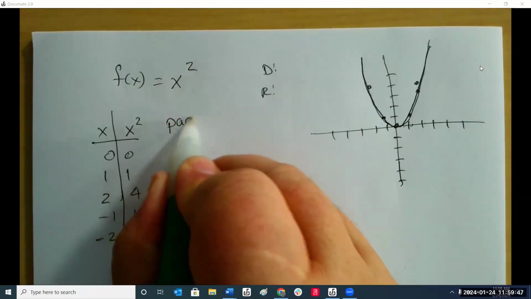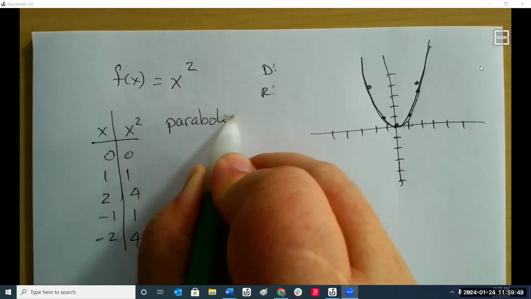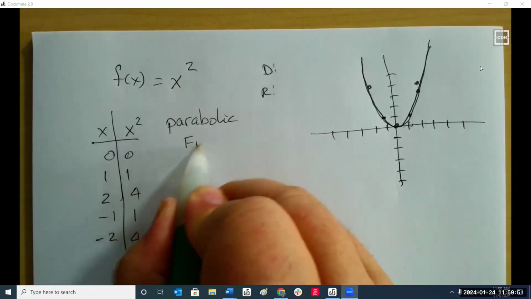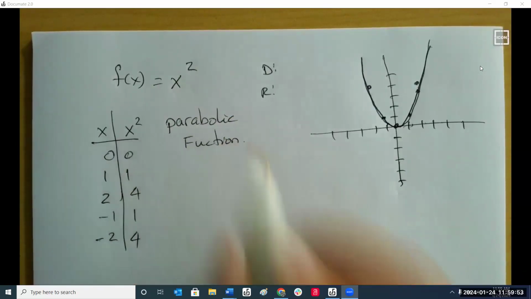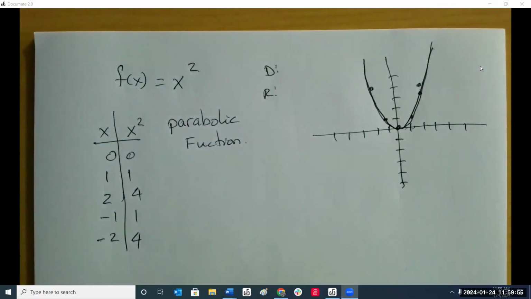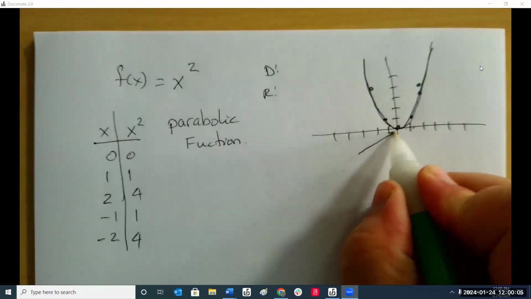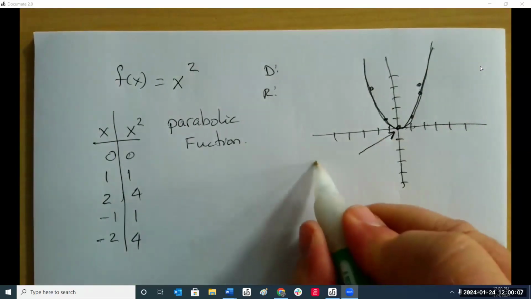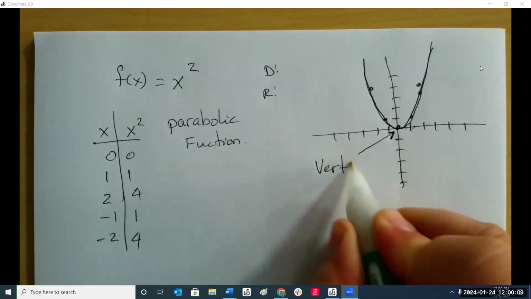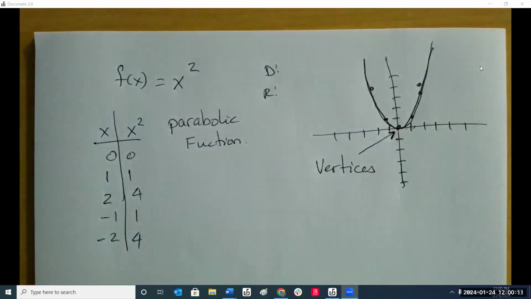This is a parabolic function. Parabolic functions have curves opening up or down. They also have what are called vertices.